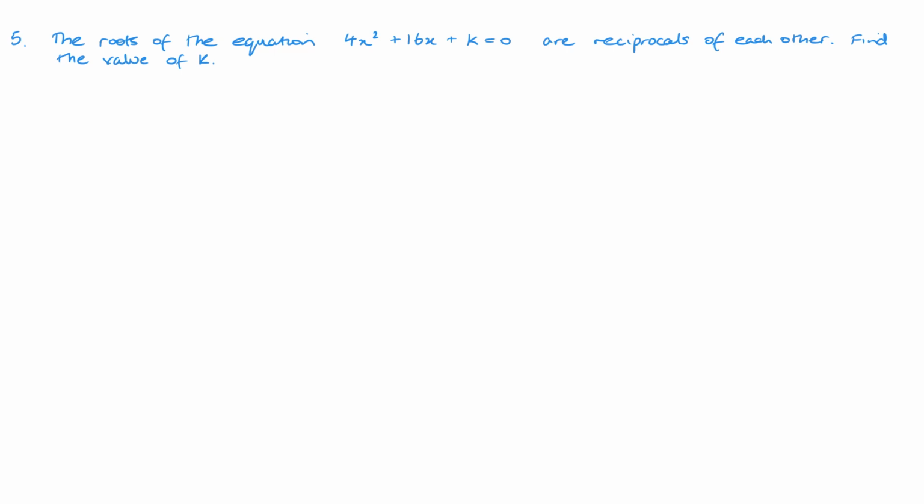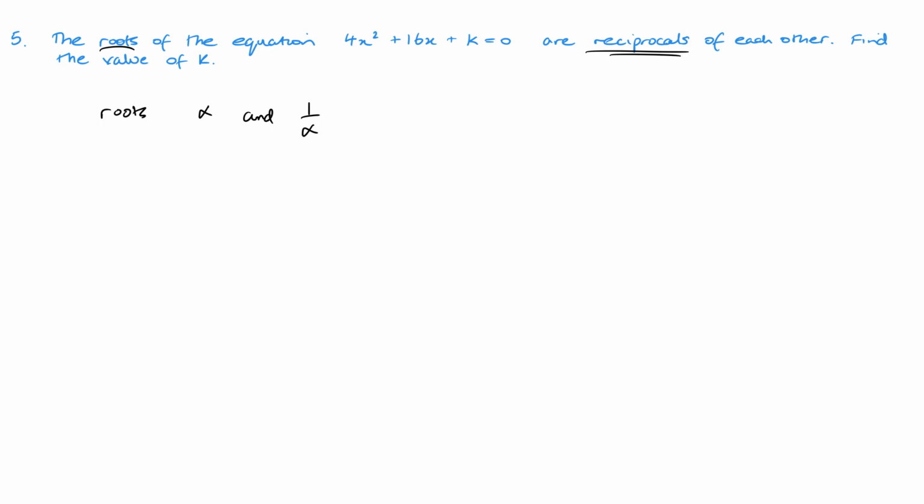Again, this last one's a little bit different, certainly different to the examples, so I will talk you through it. We are told that the roots of this equation are reciprocals of each other. So if one root is alpha, the other root is 1 over alpha. That's what we're thinking of this time. So these are my roots.